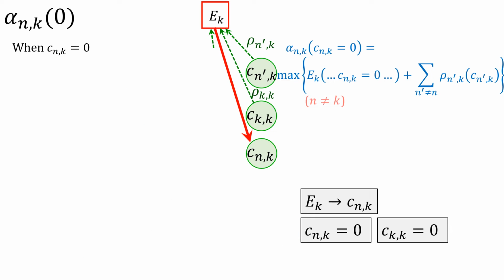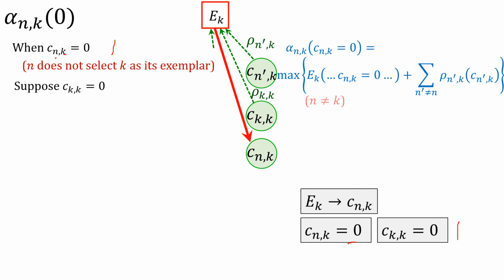So now let's look at alpha nk0. When cnk equals 0, what does it mean? It means that n has not picked k as its exemplar. Now we'll look at two further cases here: when ckk equals 0 and separately when ckk equals 1. So n has not picked k as its exemplar and ckk equals 0, which means that k is not an exemplar itself.